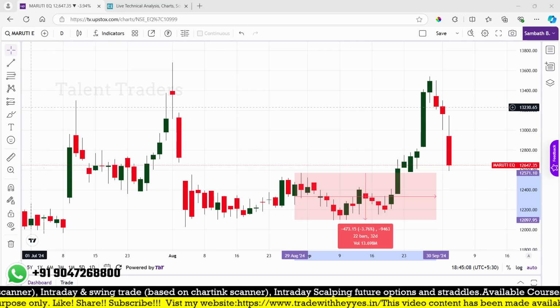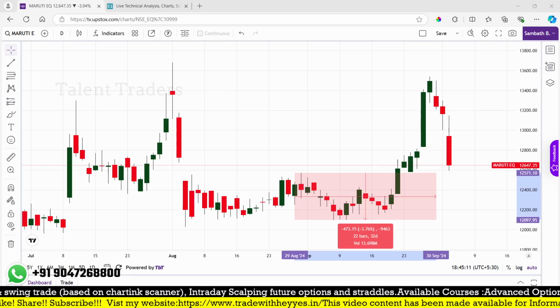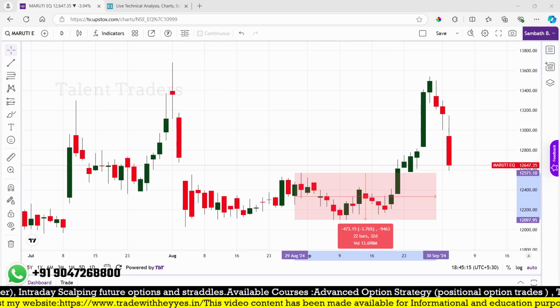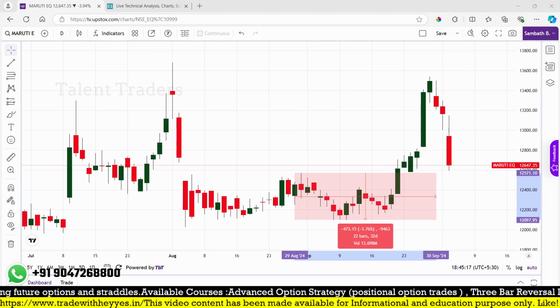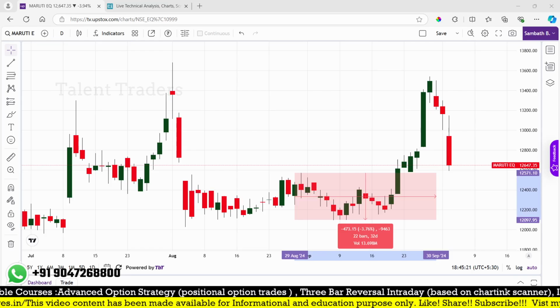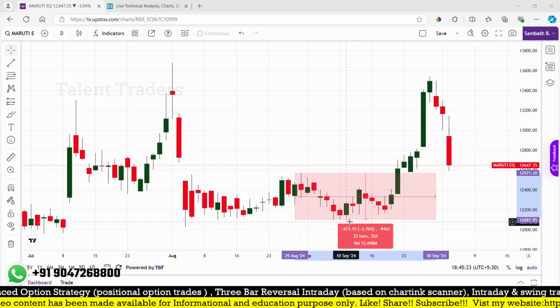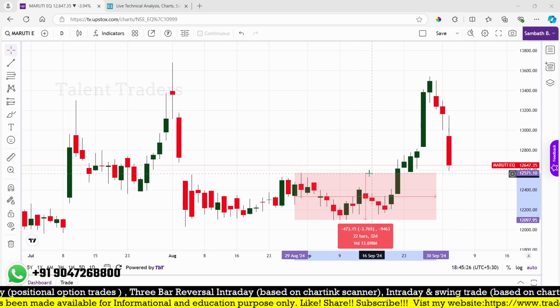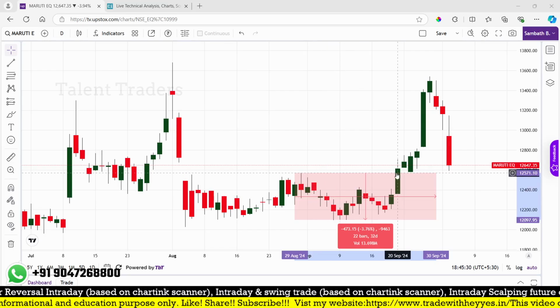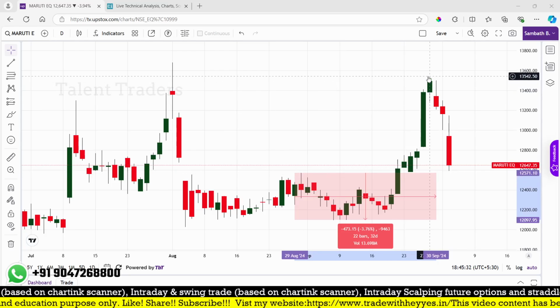The daily-based scanner we created shows exactly how many stocks are forming such a pattern, and after that, the breakout happening on a particular day. That is what we are looking for. Here it is a 4% consolidation in the price over a period of 10-15 days. After that, this is the day it closed, and then we got some good movement.